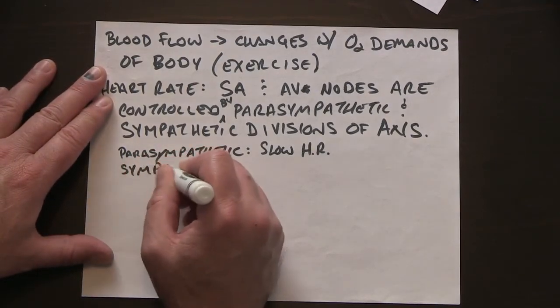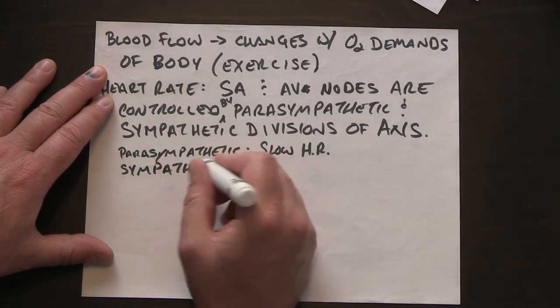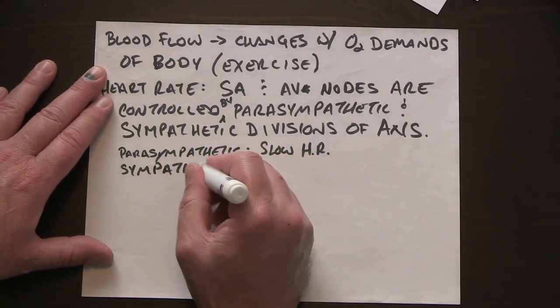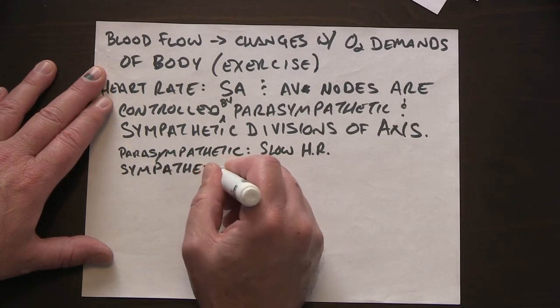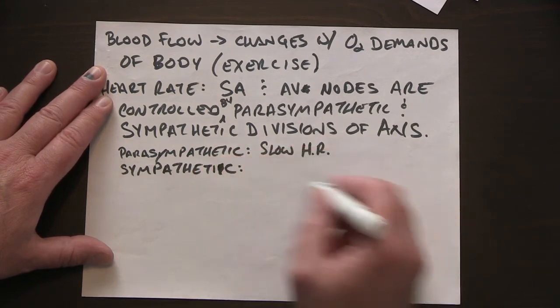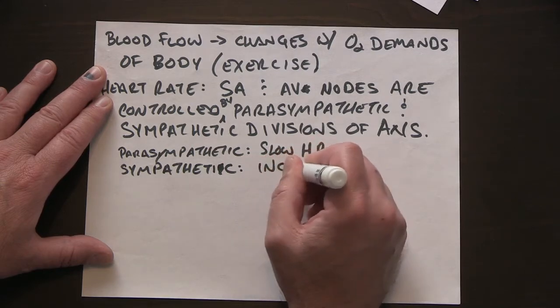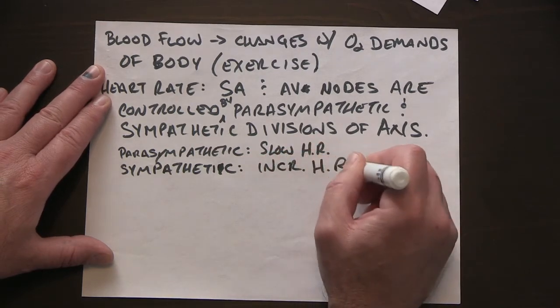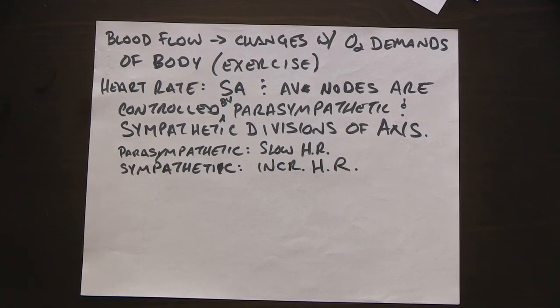The sympathetic, remember, that's the fight or flight, so you need more blood, you're going to need more oxygen. All these things kind of ramp up. The sympathetic division is going to increase heart rate, of course, and get you ready to outrun lions and tigers.